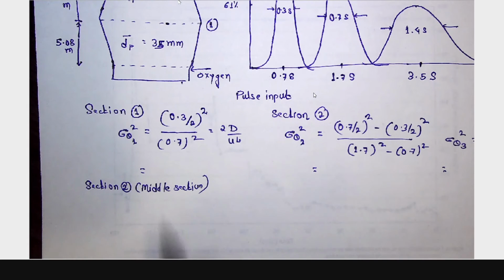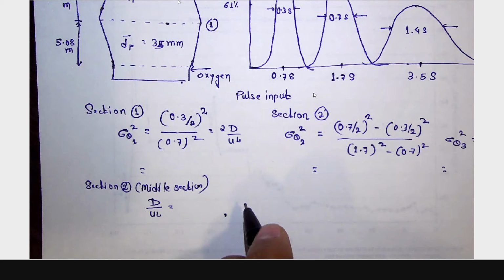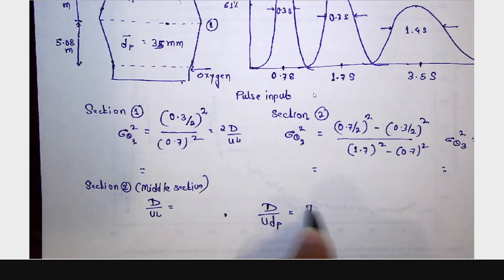What is the value of this particular one? When you are going for this one, you will have the D upon UL value for section 2. But when you are going for the packed bed, it should be D upon U dP, where dP is the diameter of the particle. So we'll simplify our D upon UL if I multiply with L and then divide by the diameter of the particle.